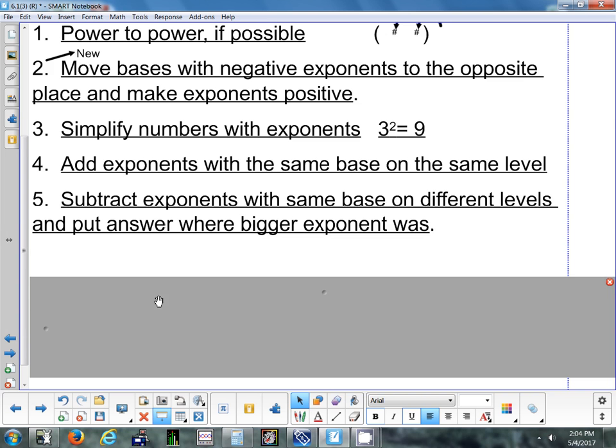Remember, we're always going from the bigger number to the smaller number. Always bigger to smaller. So step 5 we did yesterday, step 4 we did on Tuesday, step 2 we did today, and step 1 we did on Tuesday as well.